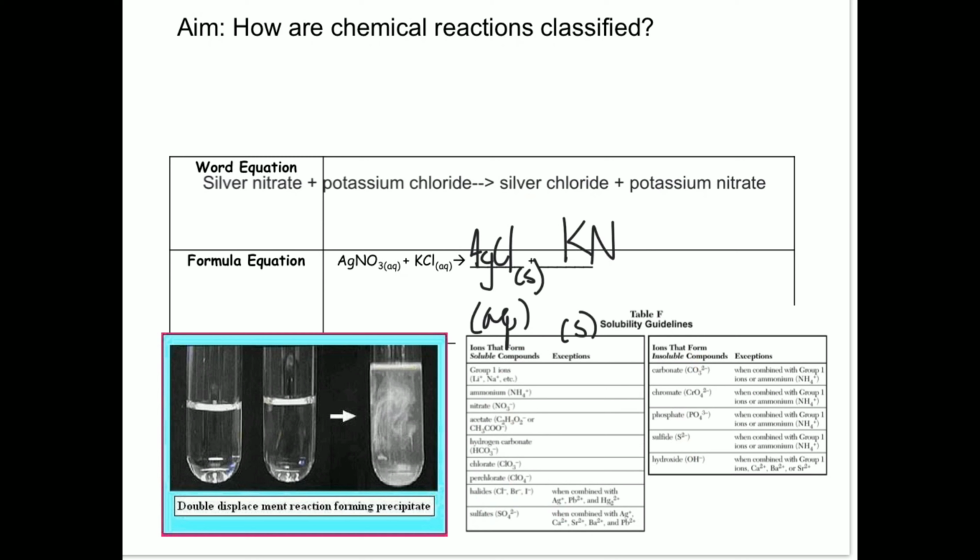Potassium nitrate we can find on reference table F. So there's no direct mention of potassium, though potassium is in group 1. Let's look at nitrate. Nitrates are always soluble, no exceptions. So potassium nitrate will always have an aqueous symbol after it.